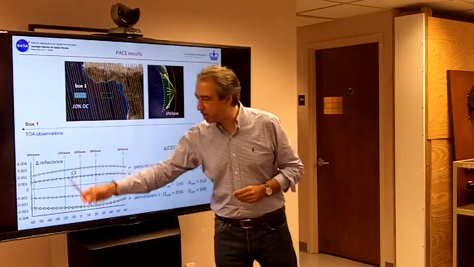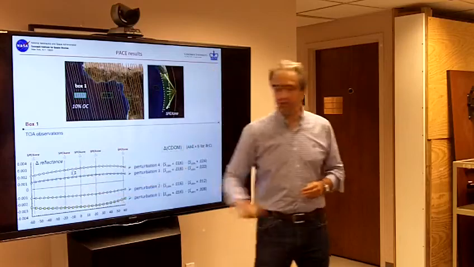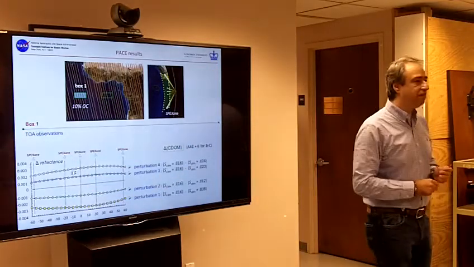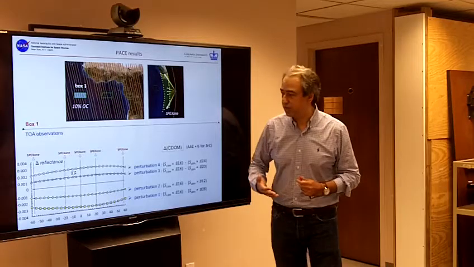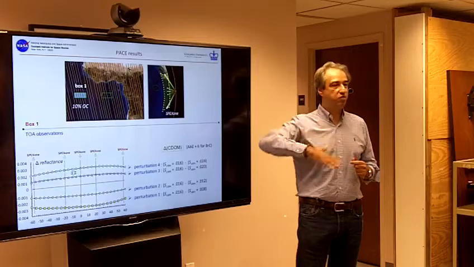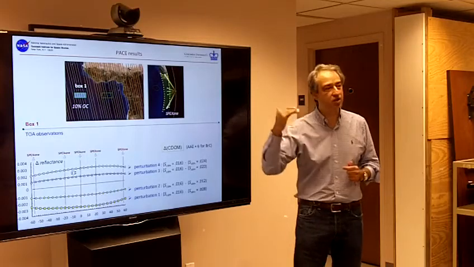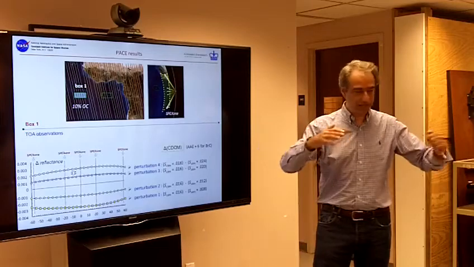And shown here are the perturbations in the top of the atmosphere reflectance if I vary the absorption of brown carbon. That is, if I vary the slope of absorption by brown carbon as it goes into the UV. Sorry, I have to take a step back.